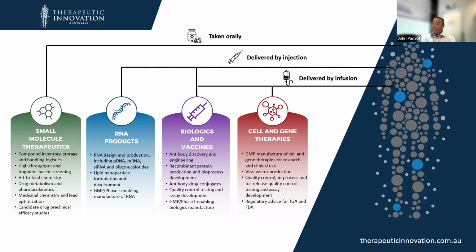And lastly but not least, cell and gene therapy, with GMP-like and GMP manufacture of cell and gene therapies for research and clinical use, viral vector production, and all the quality control you need to get into the clinic.